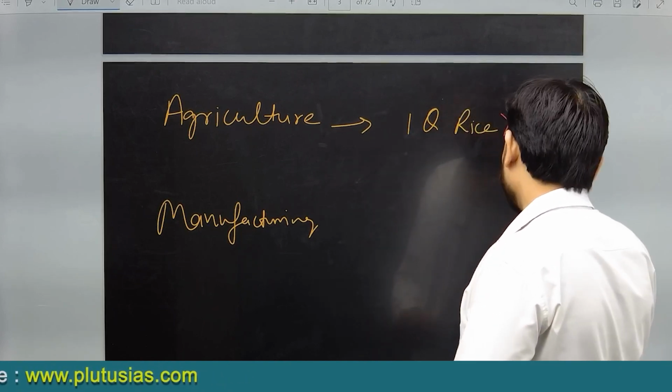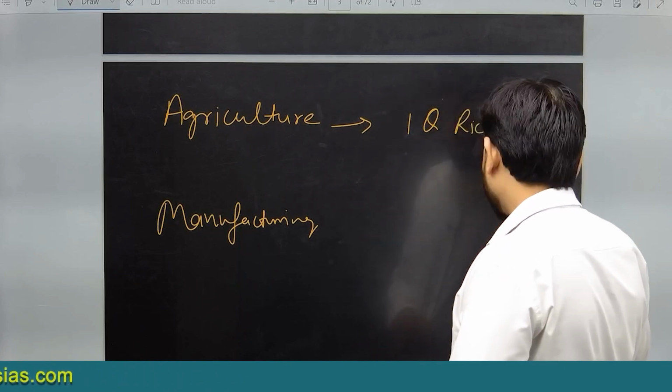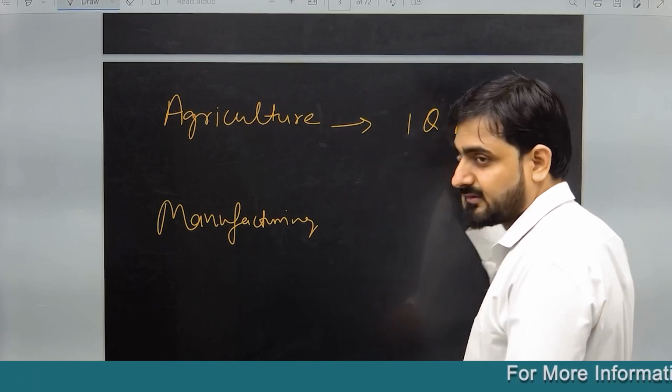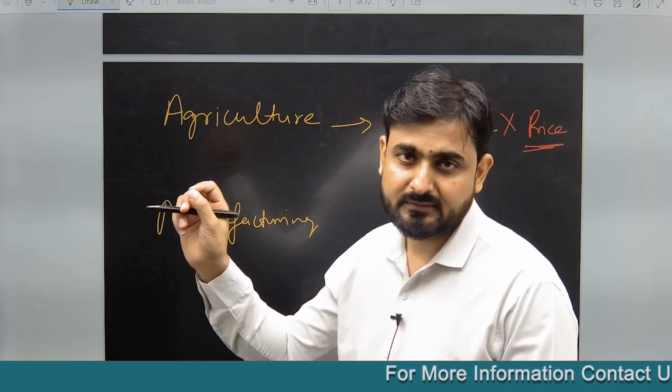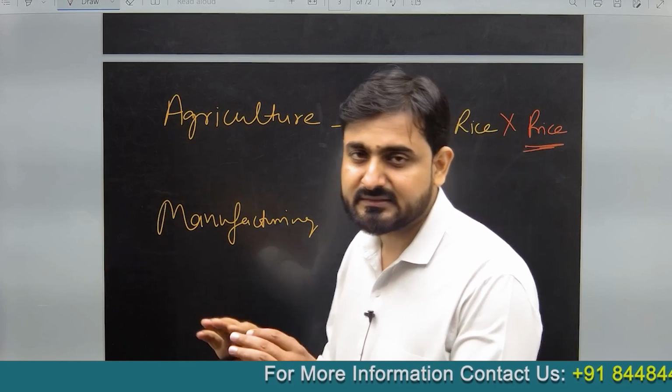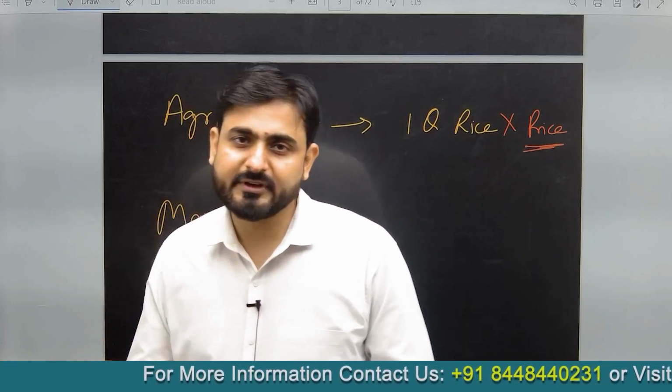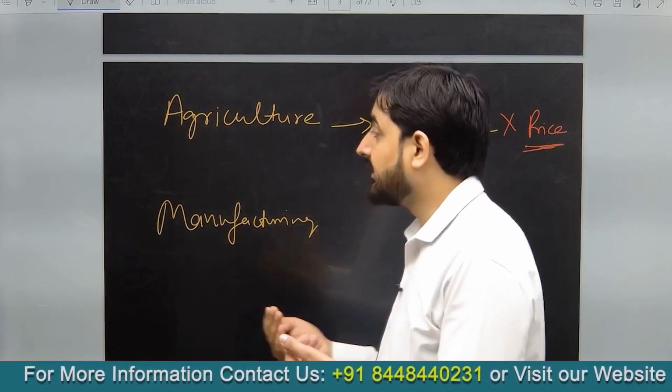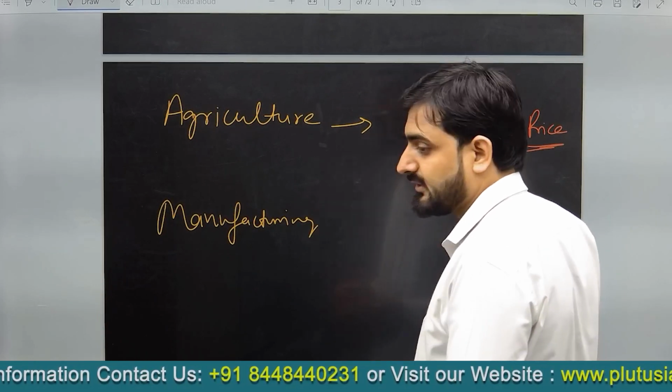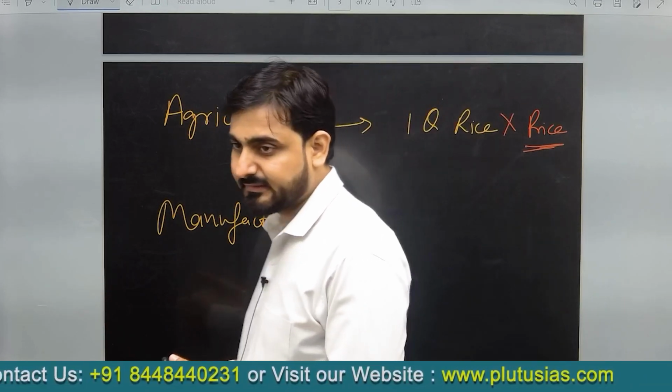Now this price may be of the current year. When we are multiplying the price based on the current year, then such GDP will be associated with current year GDP based on current price.